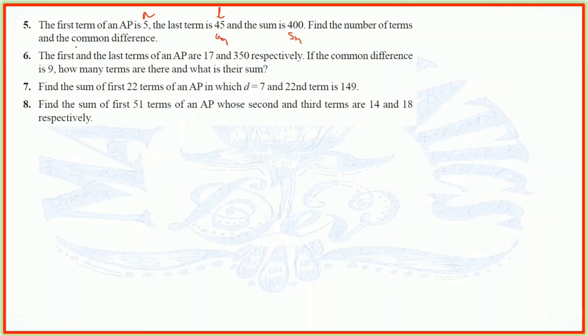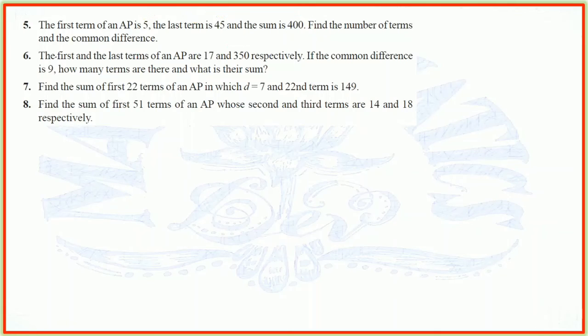Find the number of terms and the common difference. First you use the formula an is equal to a plus n minus 1 into d, and there you put the respective values. One equation you will get from here, and another is Sn given as 400. Then you solve these two and you will get the respective answers.